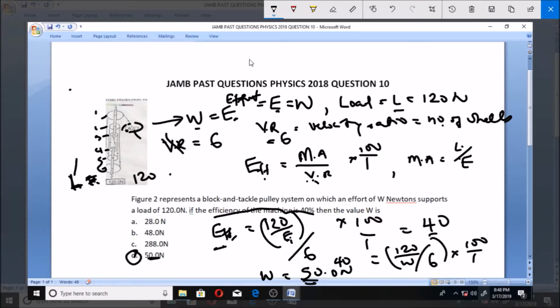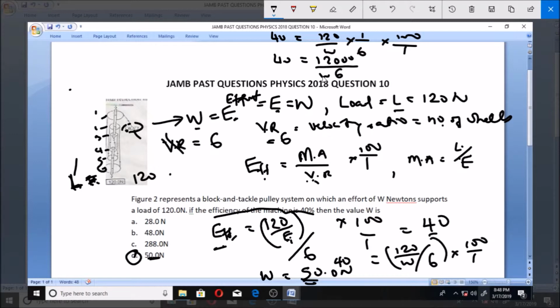So how do we make this the subject? We have 40 equal to 120 over W divided by 6, that is times 1 over 6, times 100 over 1. If you multiply out, you have 40 equal to 120 times 100, which is 12,000, all over W times 6.